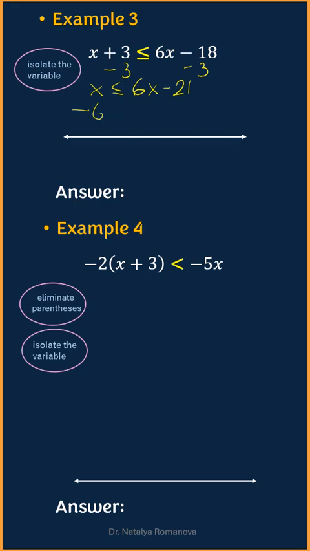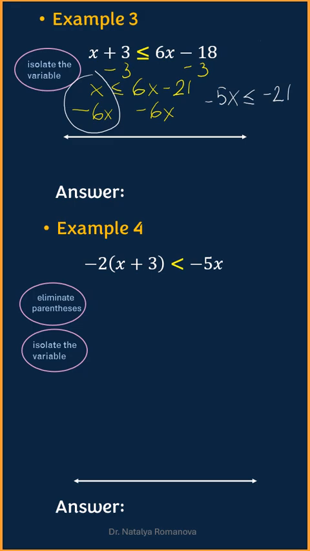So x minus 6x gives negative 5x less than or equals negative 21. Now we need to divide both sides by negative 5.